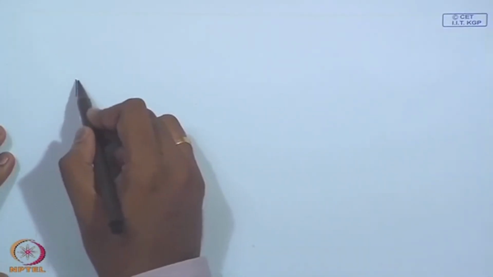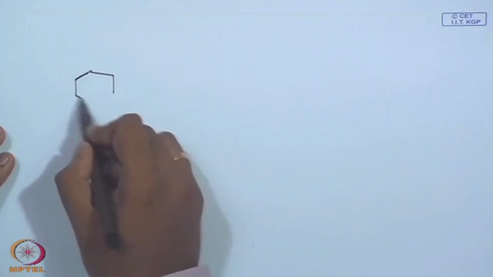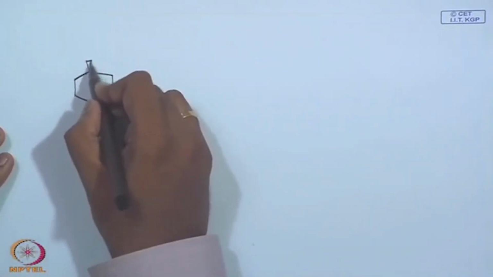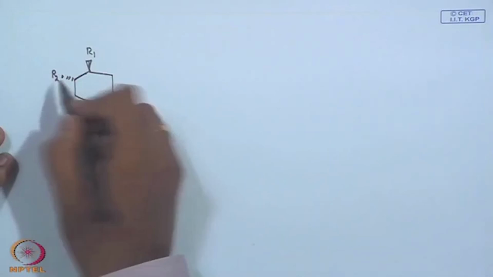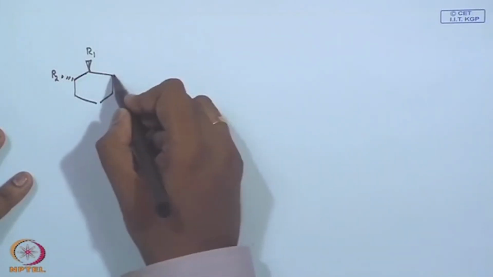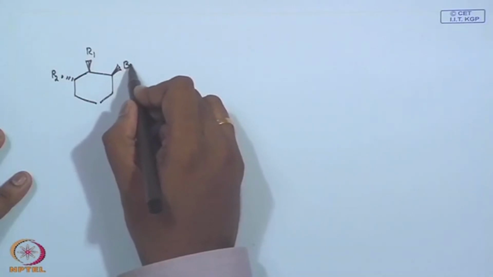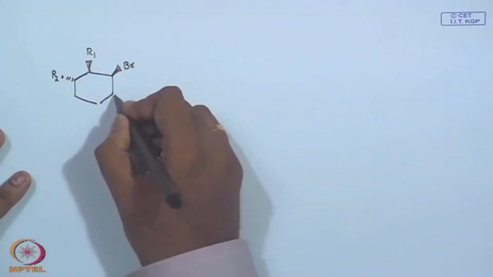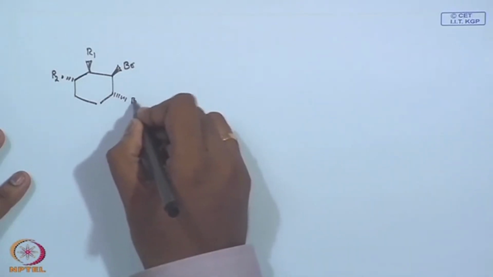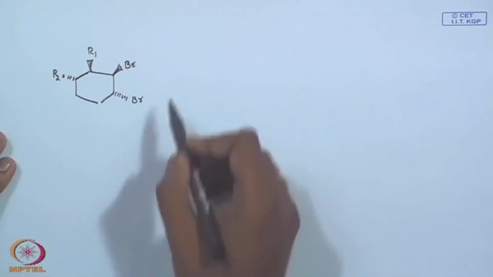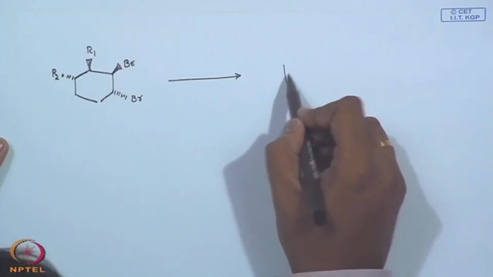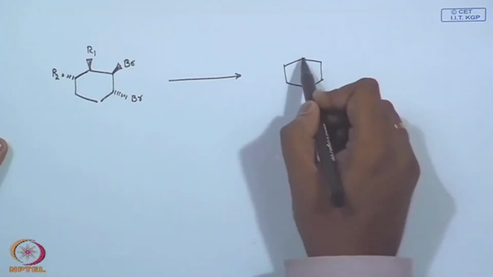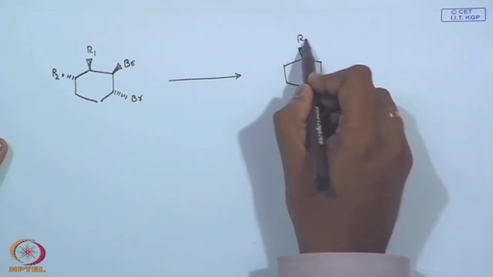Here is a very nice example. We can take a molecule with R1 here, R2, and see the stereochemistry, I have a bromine here, and the same bromine again. Now, if you do the reaction, I get this product, very interesting, the same product.